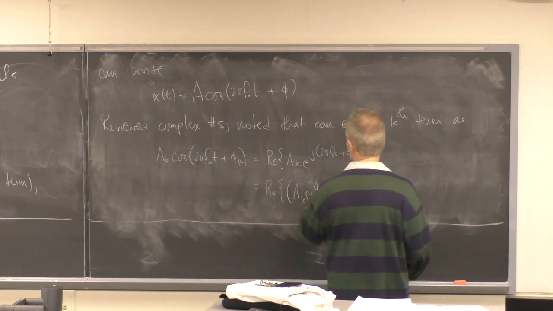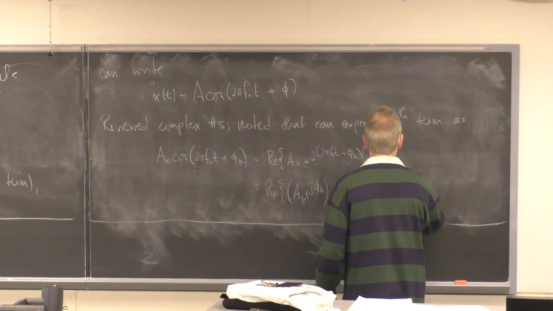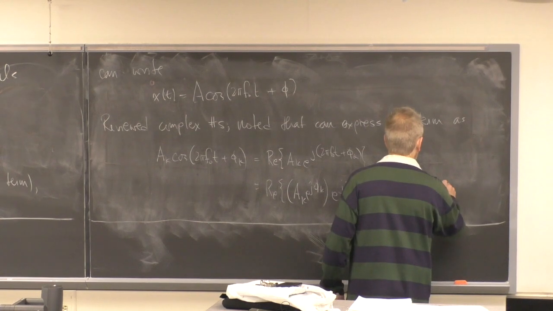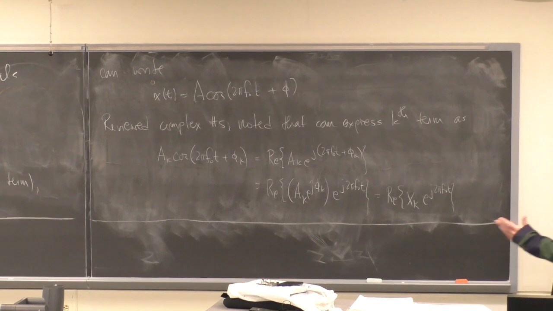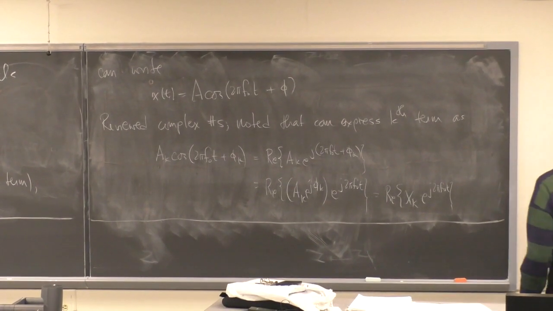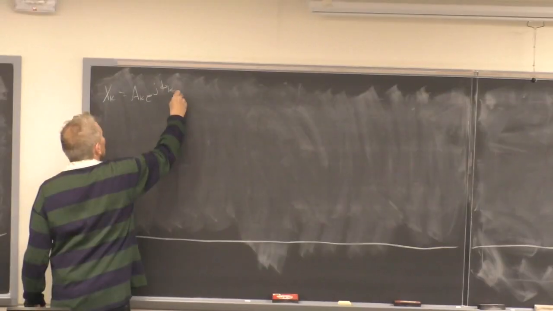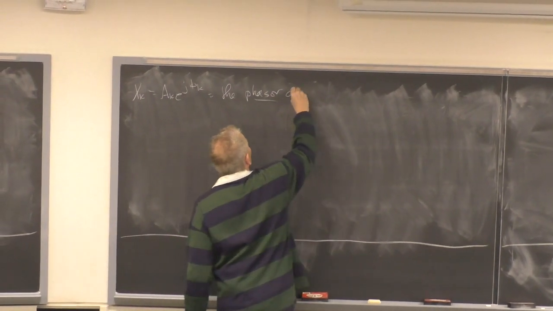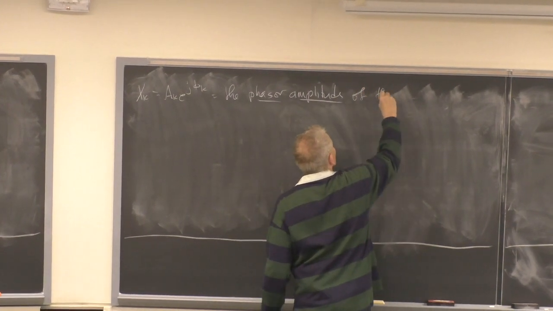If you give this guy a name, real part of, say, cap xk e to the j 2 pi f0t, that's a way of writing that kth term in that expression. And we call xk, which is just ak e to the j phi k, the phasor amplitude of the kth term.